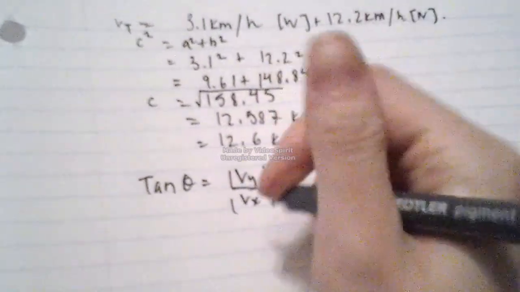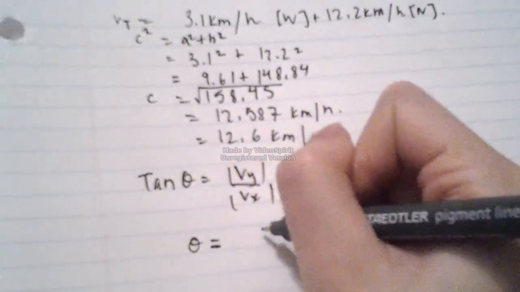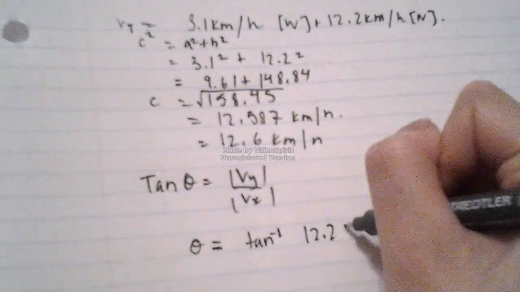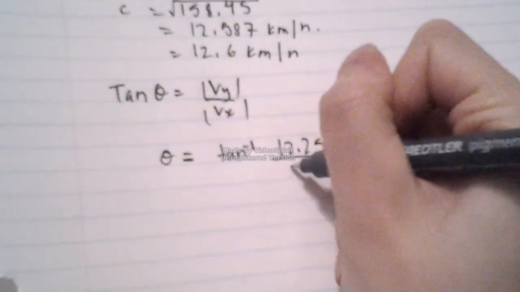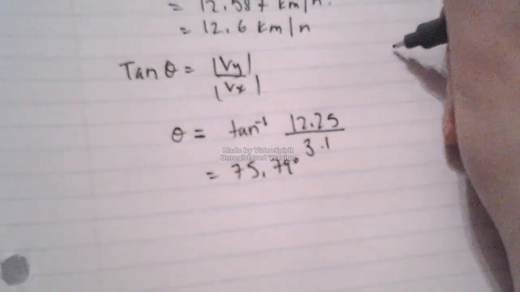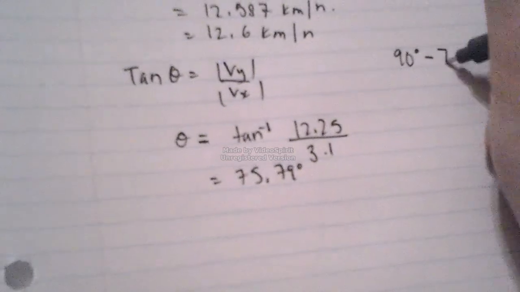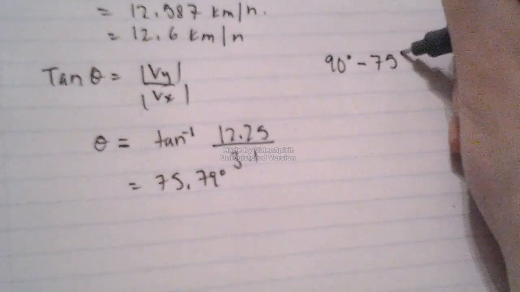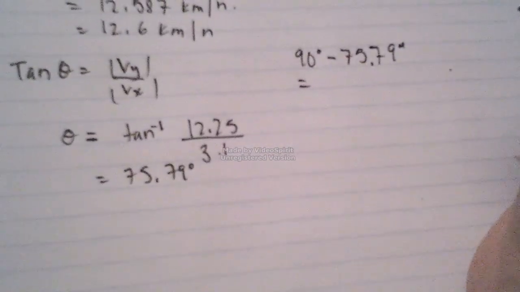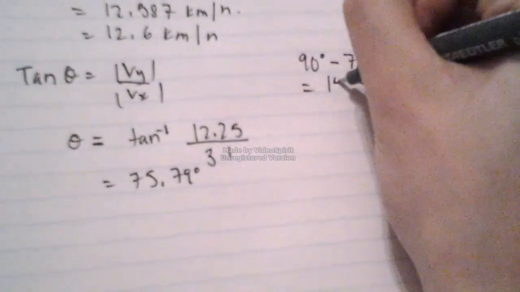So now we want to try and find the angle. The equation for this is tan theta equals Vy over Vx. Theta equals tan inverse of 12.2 over 3.1, which equals 75.79 degrees, but since it's over 45, we're going to subtract it from 90 degrees, which is equal to 14.2 degrees.